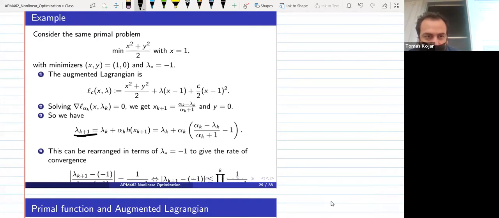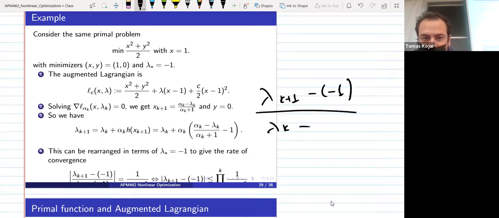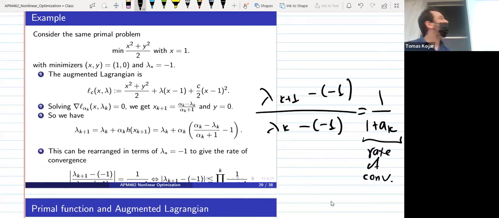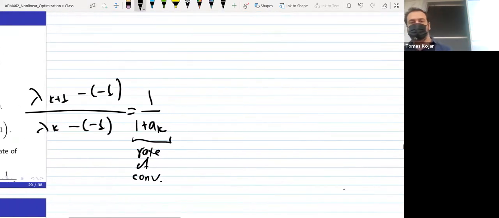I solve for it, because it got lost. So what it says there is that (lambda k plus 1 minus minus 1) over (lambda k minus minus 1) is equal to 1 over (1 plus a k). And this is what we called the rate of convergence. Okay. And why is it called the rate? Because call this guy R k. I'll do it by hand.